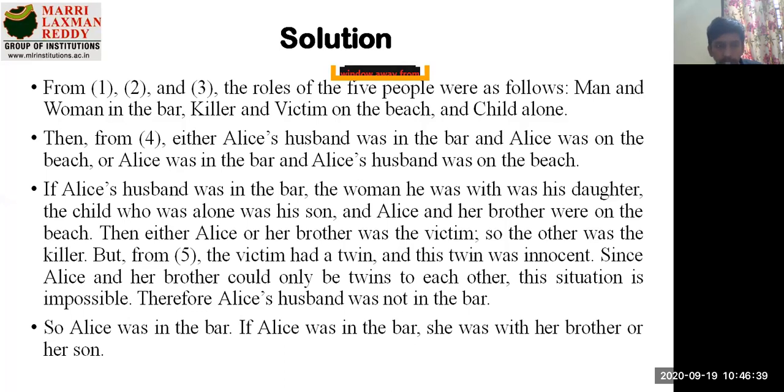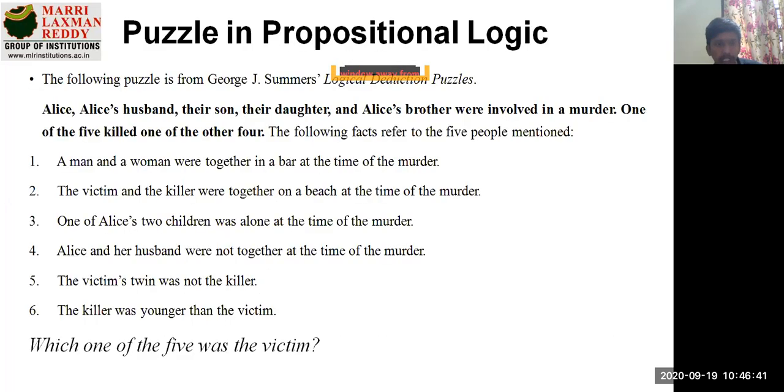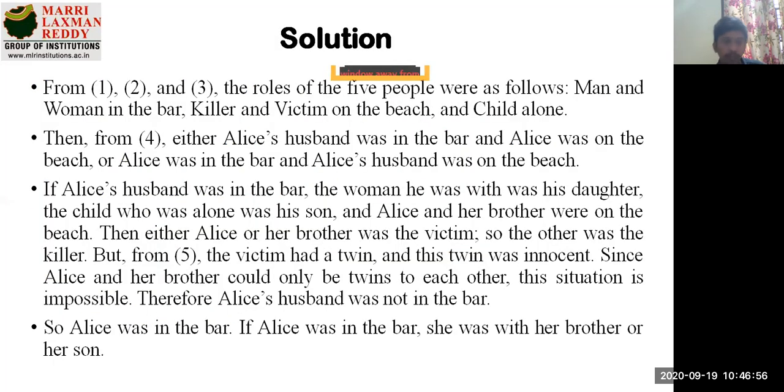Next, line number 5 says that the victim's twin was not the killer. So we need to understand who the twin can be. Is it Ali's brother, or who is that? With respect to that, if Ali's husband was in the bar, the woman with him was his daughter. Why?